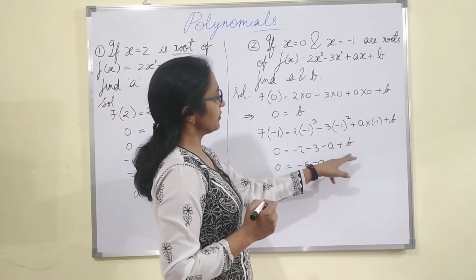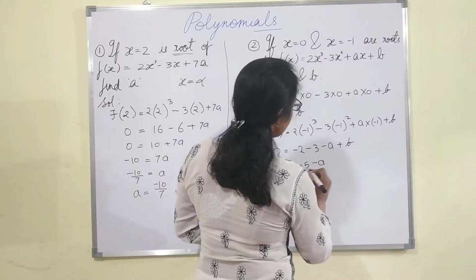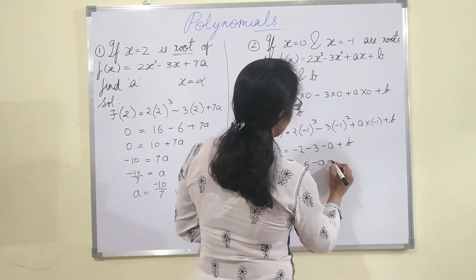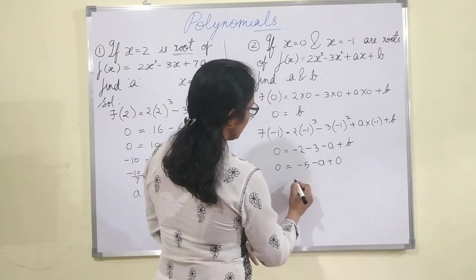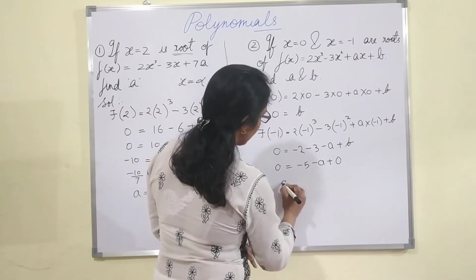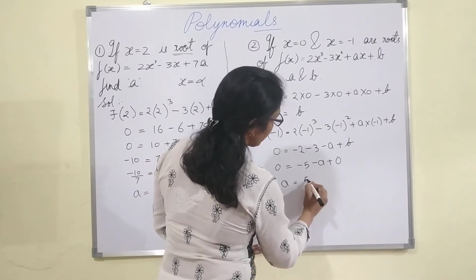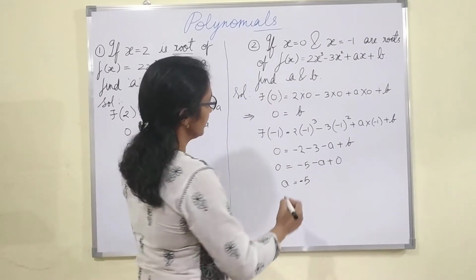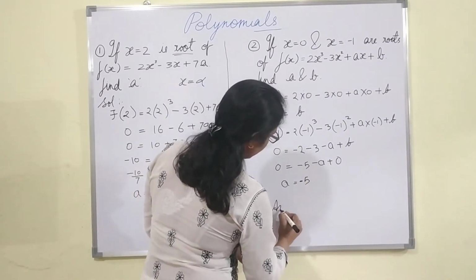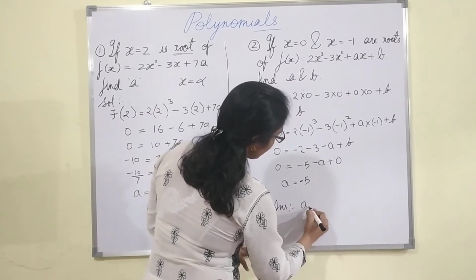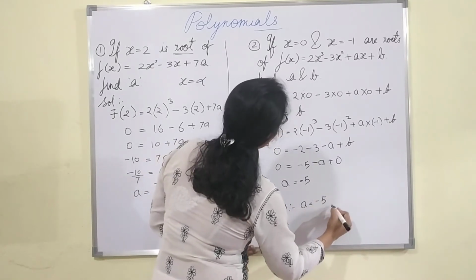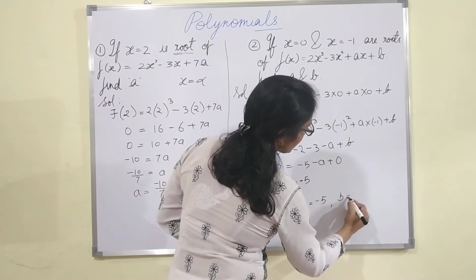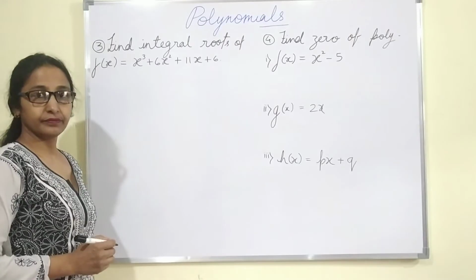Now we will put it here: −a + 0. So the value of a will become −5. So our answer will be a = −5 and b = 0.